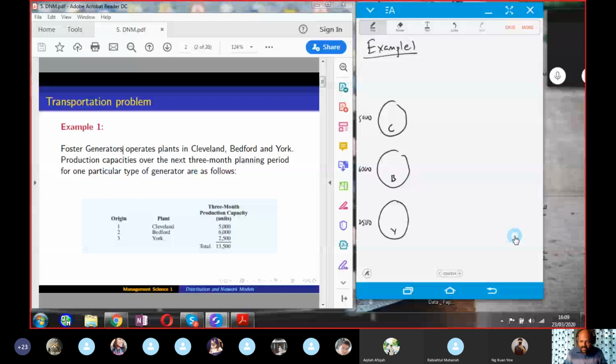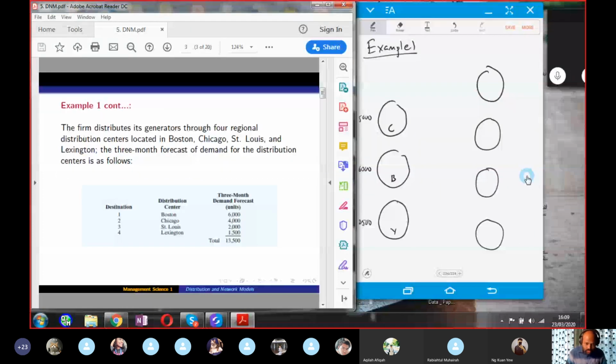Now, these 3 factories produce and deliver to the customers. So how many customers are there? 1, 2, 3, 4. 4 customers. These are the 4 customers: Boston, Chicago, St. Louis, and Lexington.